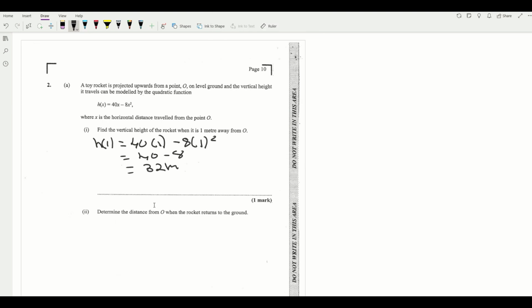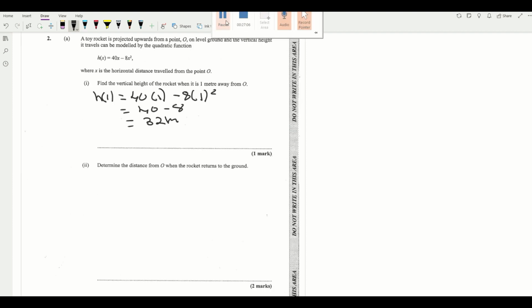Then they said determine the distance from O when the rocket returns to the ground. If it returns to the ground, that means h is equal to 0. So they're telling you 40x minus 8x squared is equal to 0. If you see this, it's best to factorize.